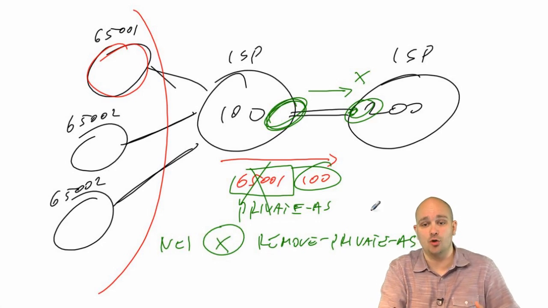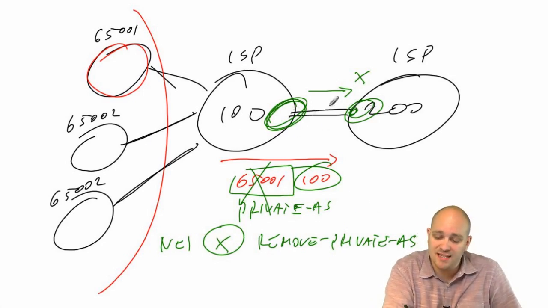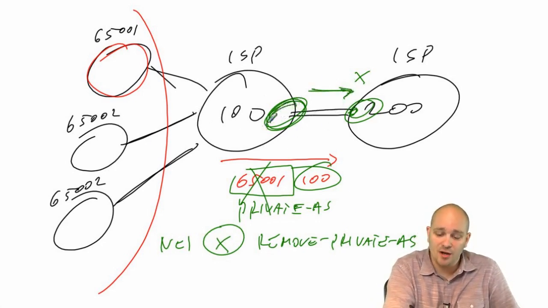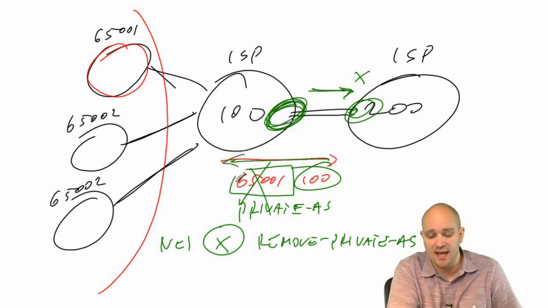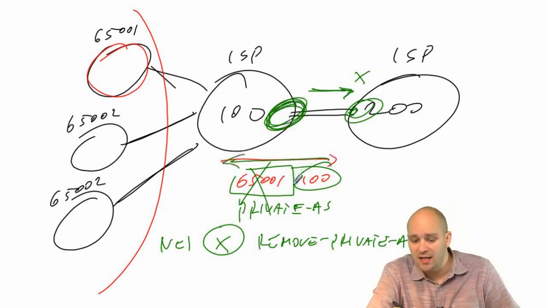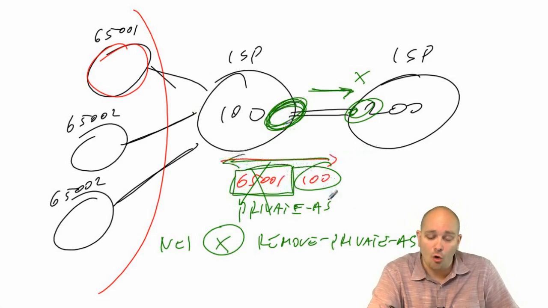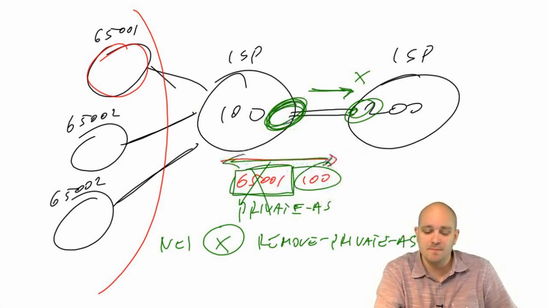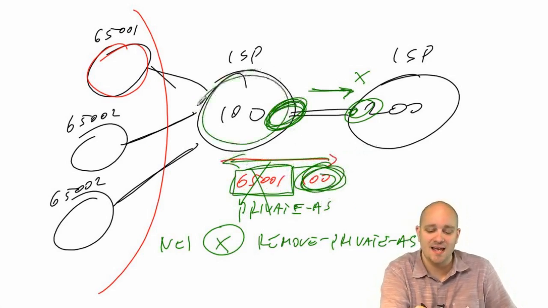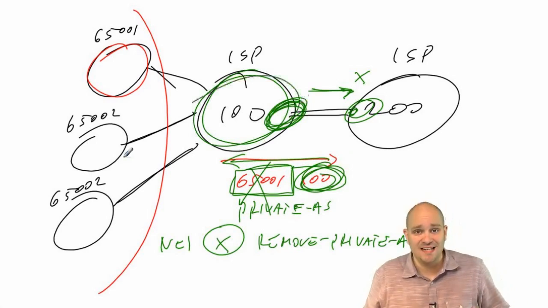So what that is going to do is, when the prefix is being advertised here, the router on this side is going to look at the AS path, and it's going to eliminate all the occurrences of the private autonomous system immediately preceding the AS that this router is actually in.